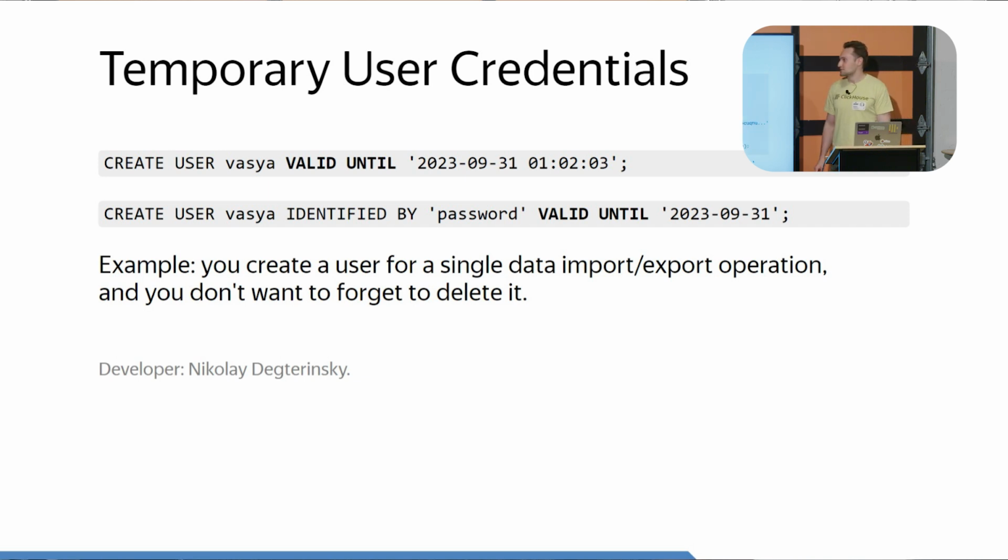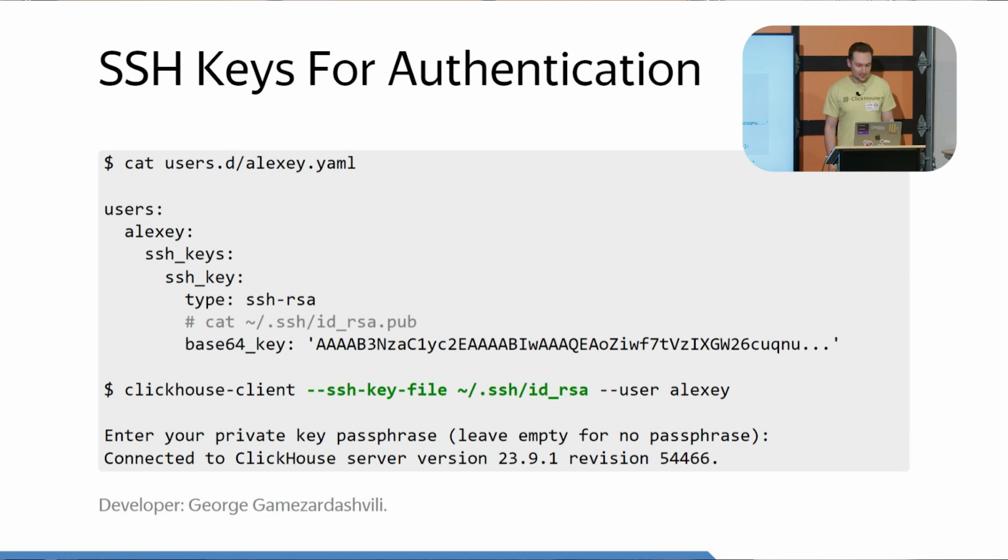Another boring security feature is authentication method with SSH keys. So instead of using a password, that is quite not fashionable today, I would say, because the password can be compromised, you have to type it and so on. Instead, you just use your SSH key.